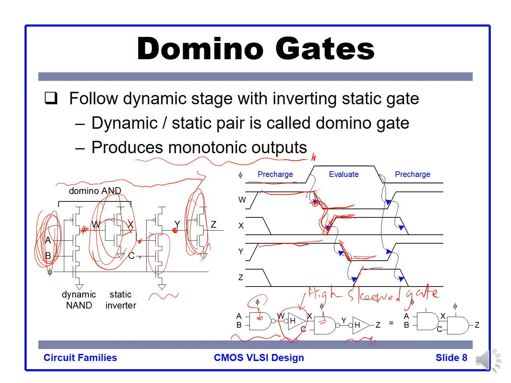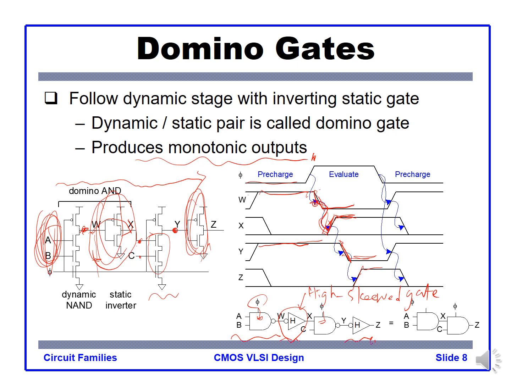High skew means, let's say if there is a glitch, let's say Y goes too low, so when the W goes low enough, then it goes high.